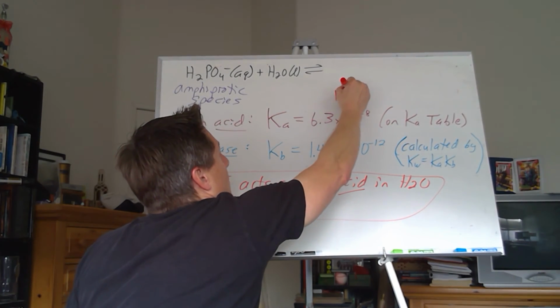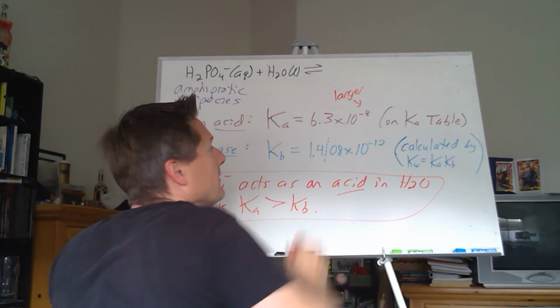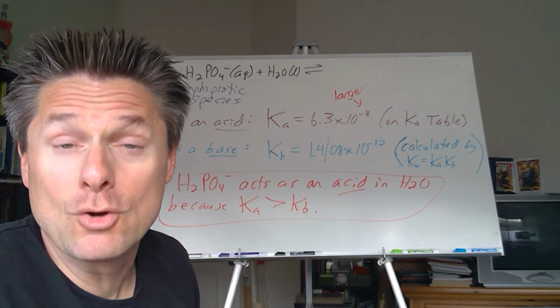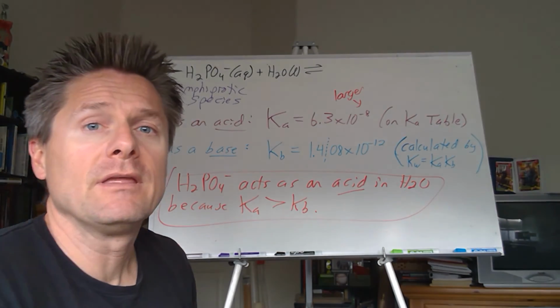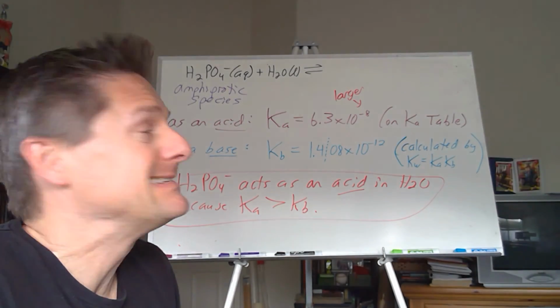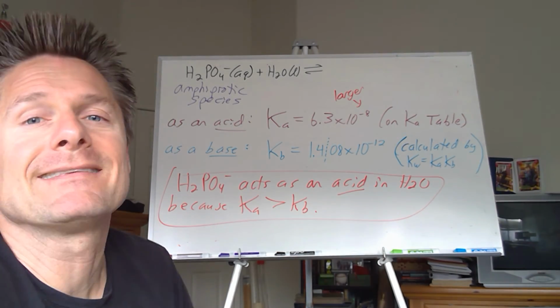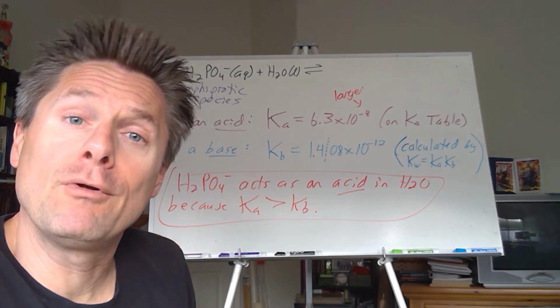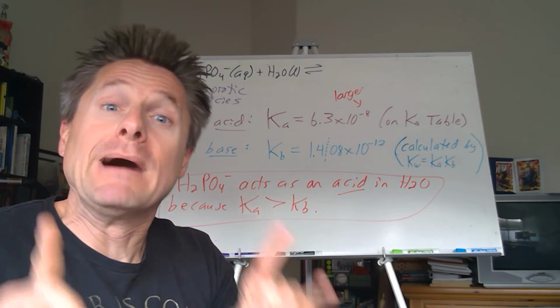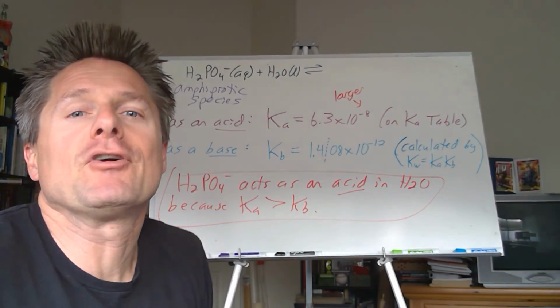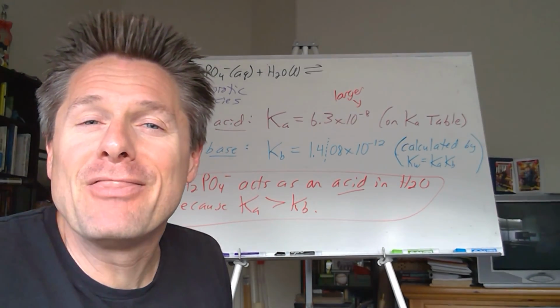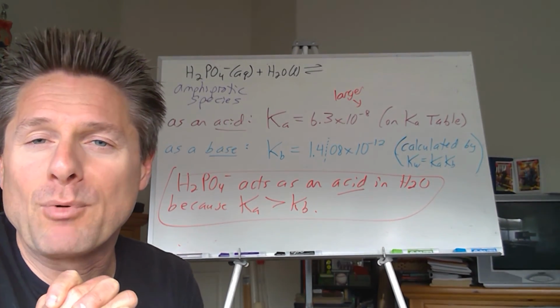Ka is bigger than Kb. The 10 to the minus 8th by a huge order of magnitude, right? We're talking 1,000 to 10,000 times bigger. So it's definitely going to function more as an acid than a base. And we proved it. It could be both. But in water, it's going to function as an acid. And there you go. That's how we deal with amphiprotic species.